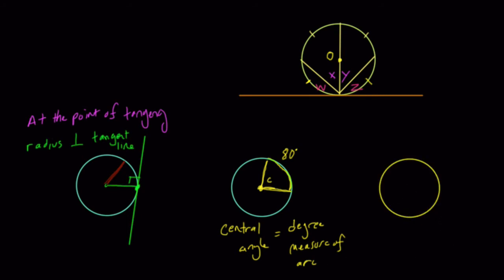We're not going to do it here, but the idea is that if here's your center, let's say this is circle D, and I draw any non-central angle, like this one right here, there are different types, depending on whether or not the center of the circle is in the middle of the angle.